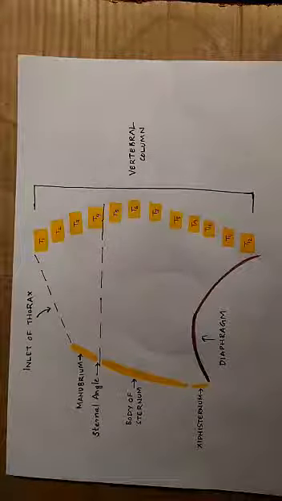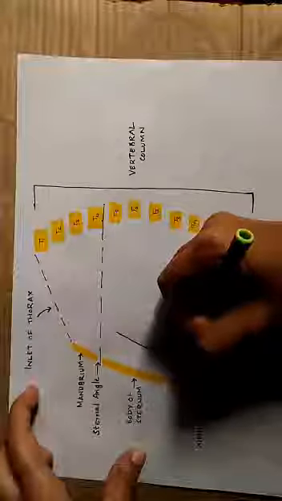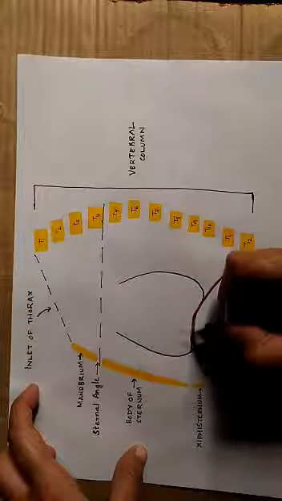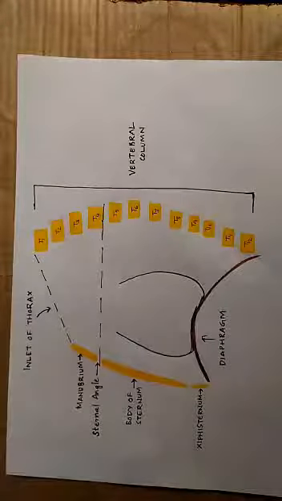So the pericardium is seen in the inferior mediastinum. This is the pericardial sac, which rests on the diaphragm.